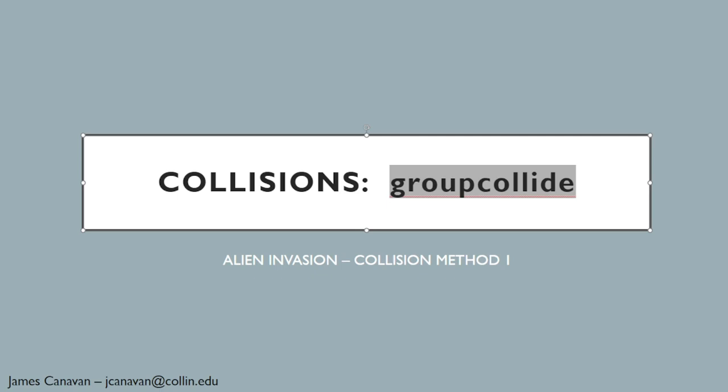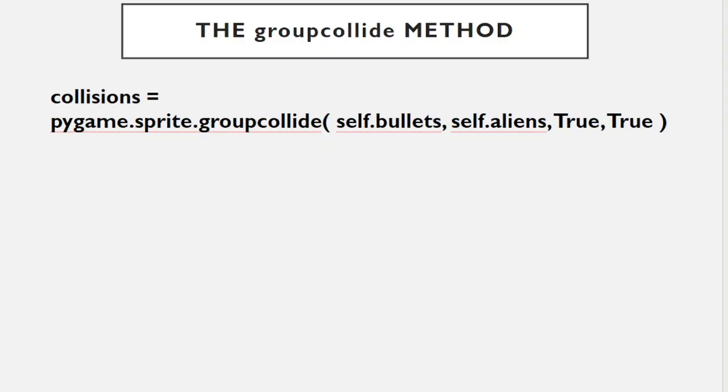So here is the first method that takes care of a lot of housekeeping. It tracks the important data sets resulting between the surface collisions on the screen. So one of them is the group collide. So take a look at this code.